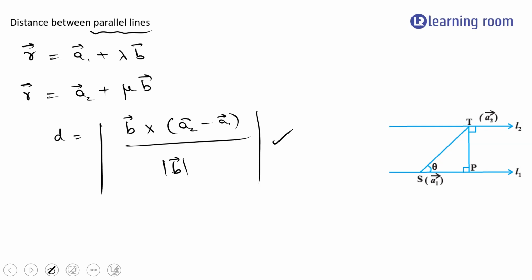Now, having this in mind, let us try to solve the example problems.